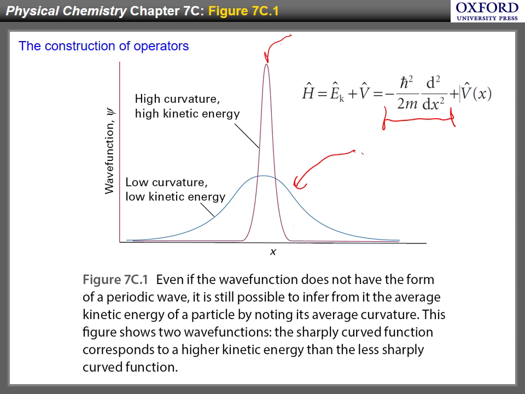So by just looking at this, looking at each term, the kinetic and potential energy contributors to the Hamiltonian operator, we can quickly say for this particular wave function whether its contributing factor is kinetic or potential in nature. So if we have a narrow spike, a large second derivative, then our overall potential energy is low, our kinetic is high, and vice versa.